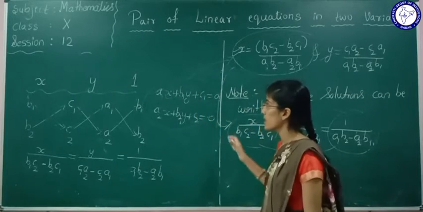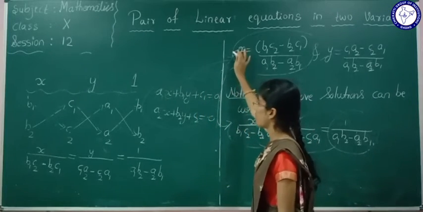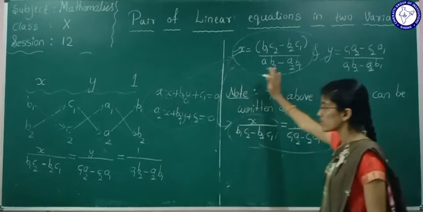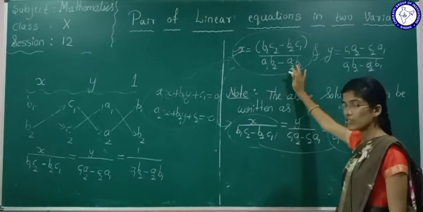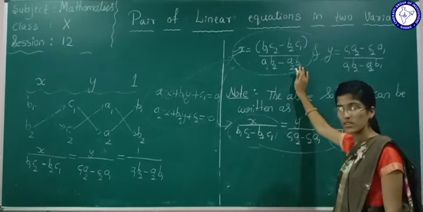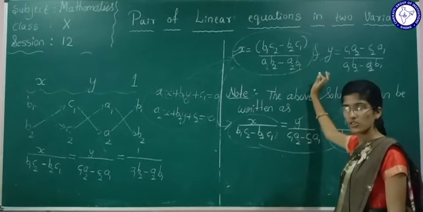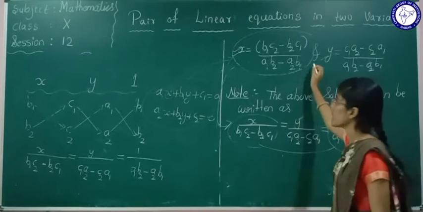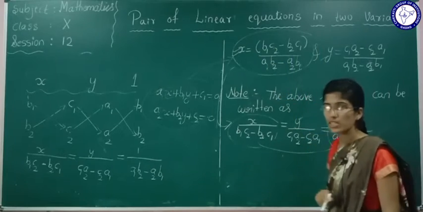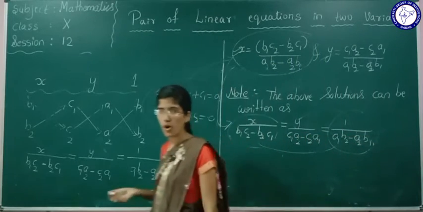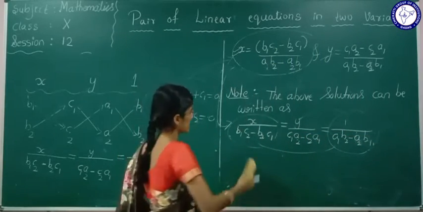But here, if you remember the solution of x and the solution of y, definitely you can solve. If you solve the problem, you will come to know what I am telling here.